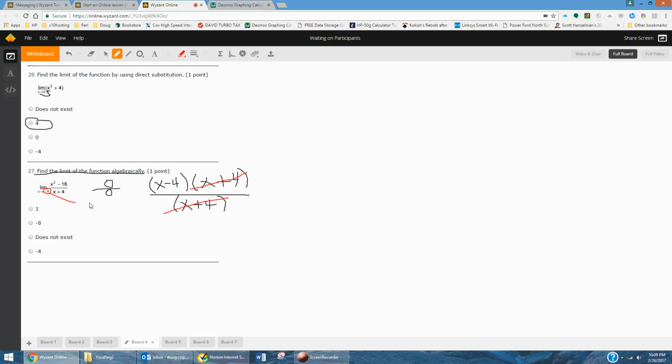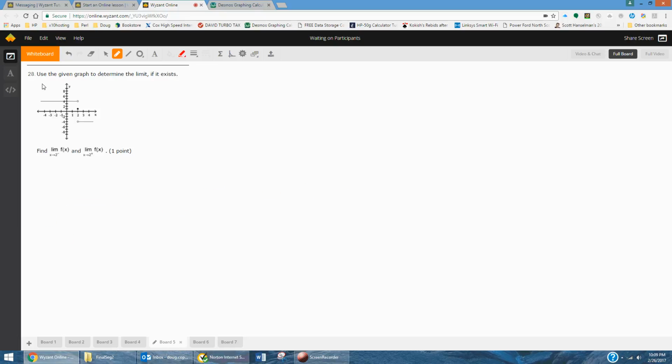Put negative 4 in for that x, and I get negative 4 minus 4 equals minus 8. There it is. And if you want to convince yourself on a calculator, try putting in negative 4.1. And you'll see that you get something that's pretty close to negative 8. Okay, next board.